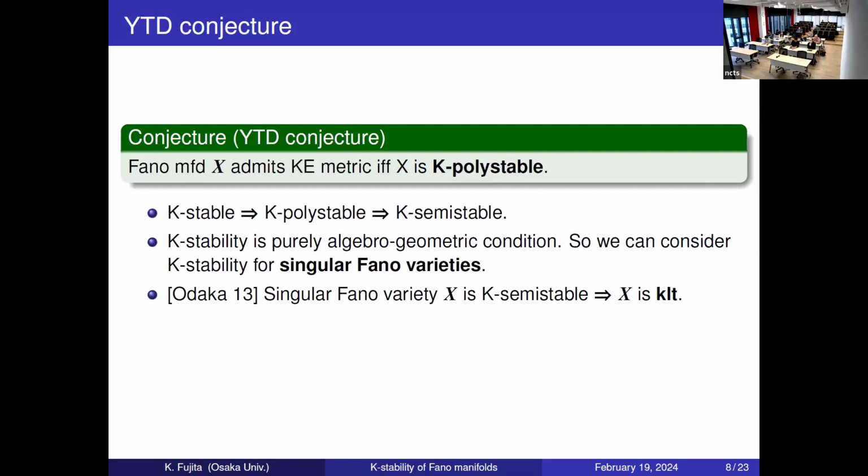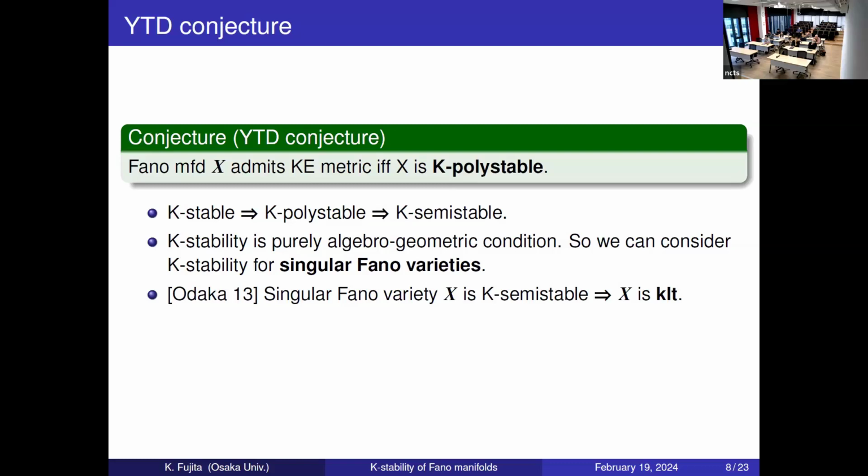I think it's the first result encountering K-stability and the minimal model program. Actually, after his result, it turns out that K-stability is very friendly with the minimal model program.